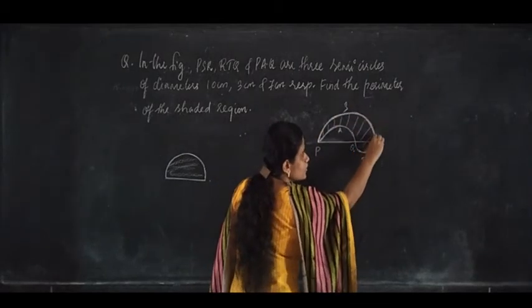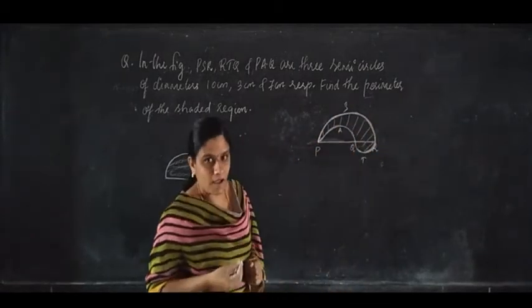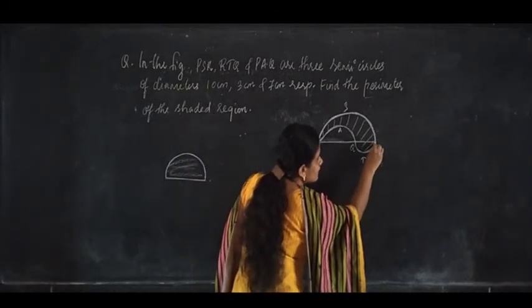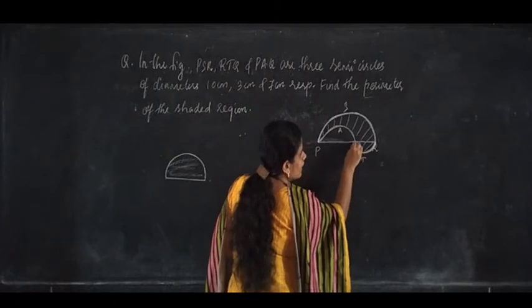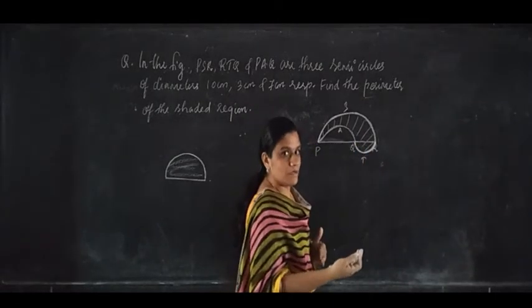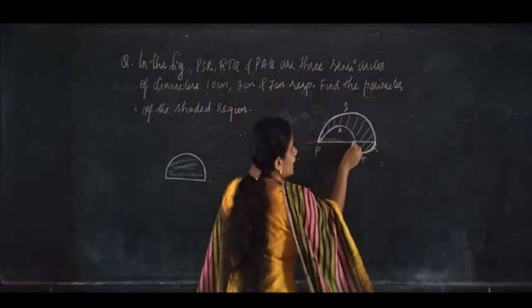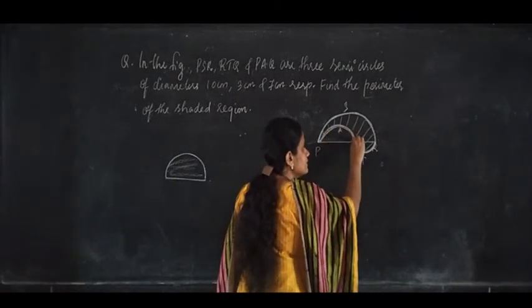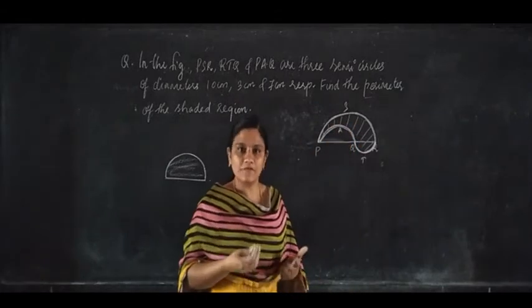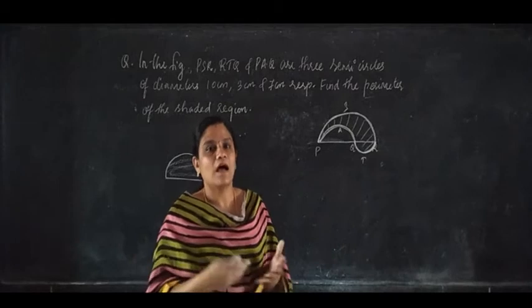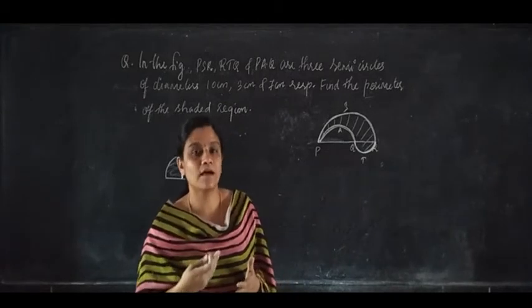Is it children? So what is this? Pi r, that's it, plus again the arc of the next semicircle. So again it is pi r. And the last one, this is the arc of another semicircle. So we have pi r. For identifying these, we will take them as R1, R2 and R3.